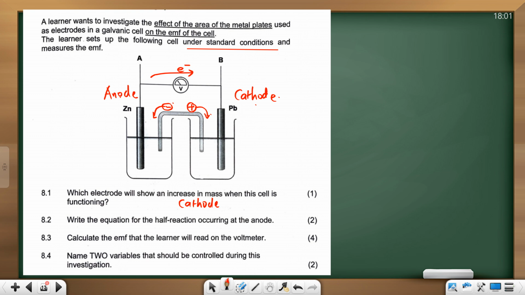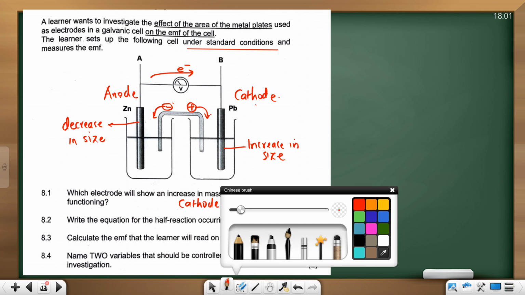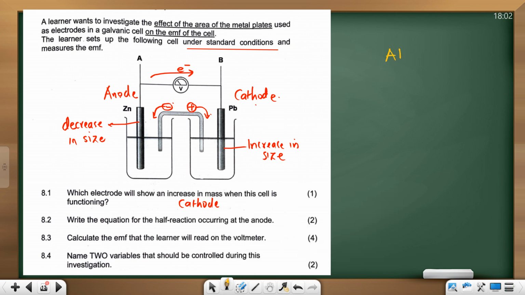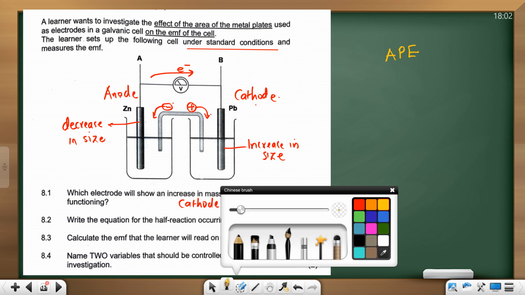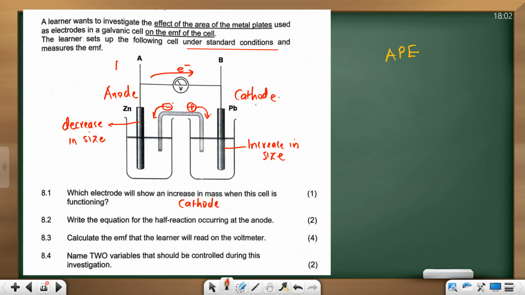What else will they tell me? Increase in size, and this one will decrease. So all of this is just defining anode and cathode. Go back to the word APE. Do you remember what we said? The anode is positive in the electrolytic cell. Here the anode will be negative. The role changes, so this becomes the negative.